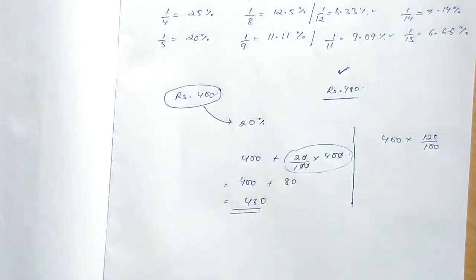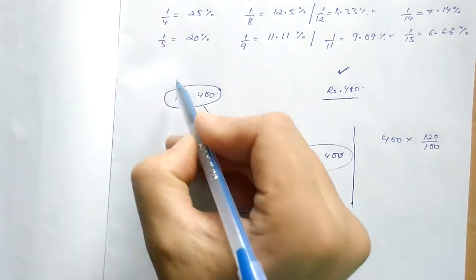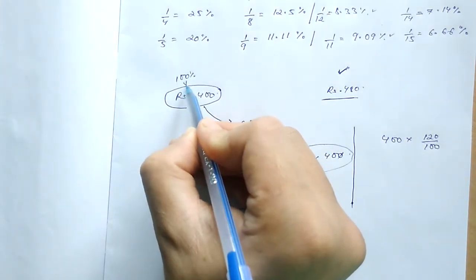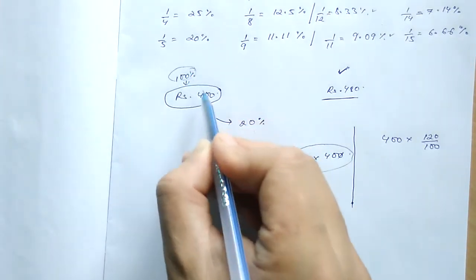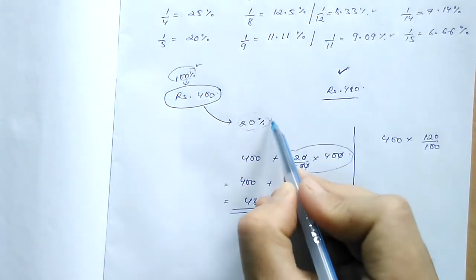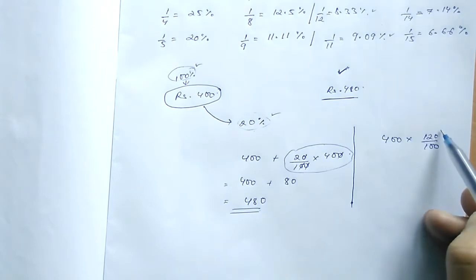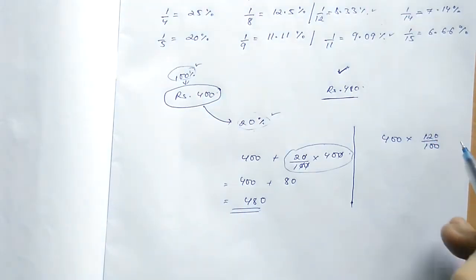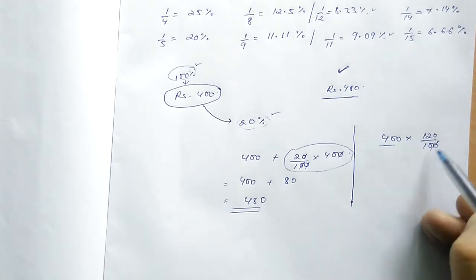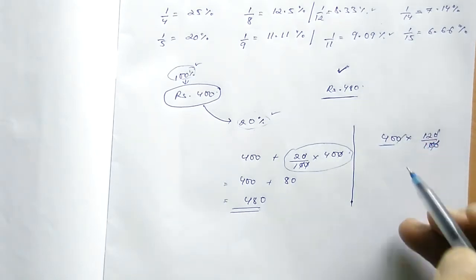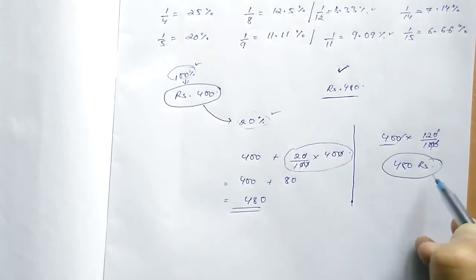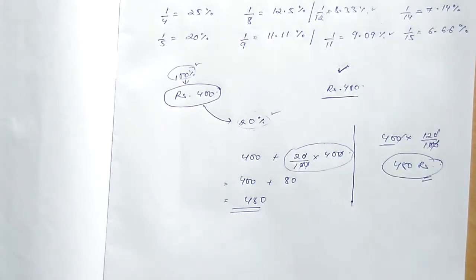This is a quicker approach because this 400 rupees is your 100%, and this amount is raised by 20%. So you add this 100 and this 20, which makes 120%. So you write 400 multiplied by 120 by 100. 12 fours are 48, so 480 rupees. This way you can directly get your answer.